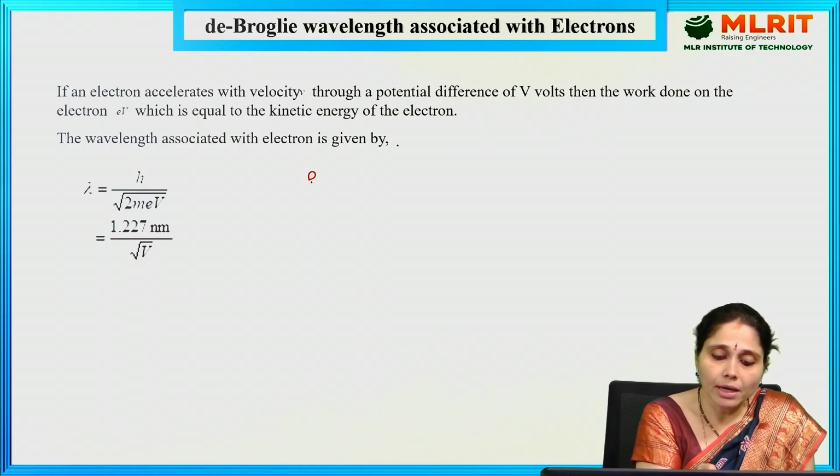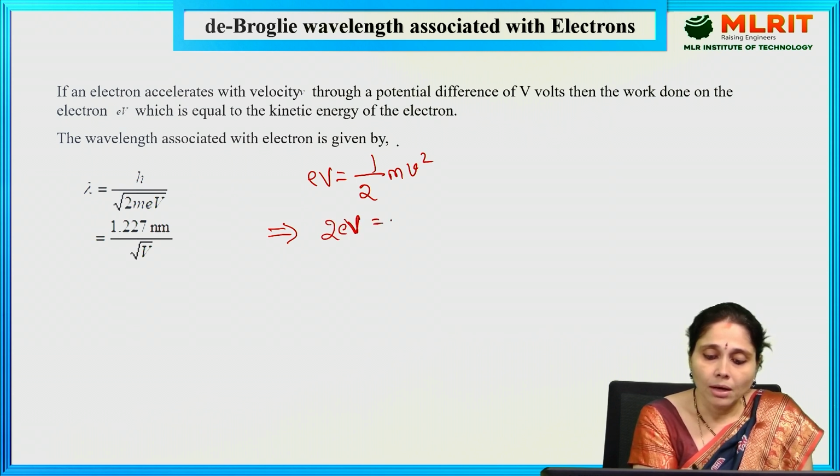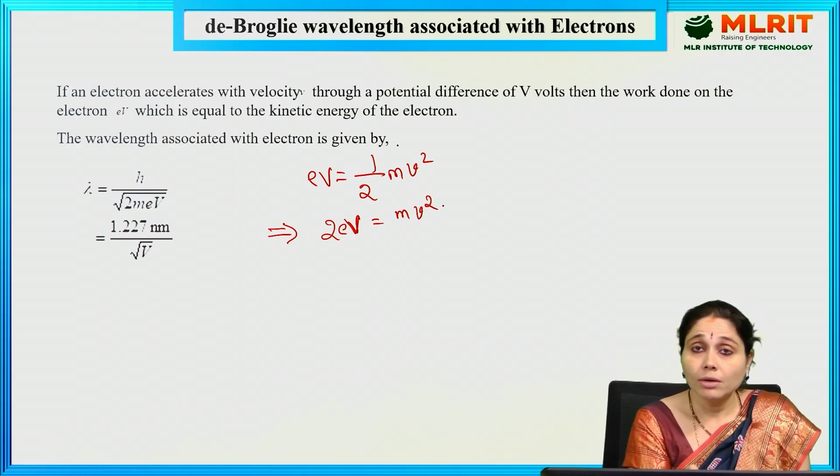So eV is equal to half mv square. So 2eV equals mv square. Note down the difference between this v and this V: this is the velocity of the particle and this is the applied potential difference.